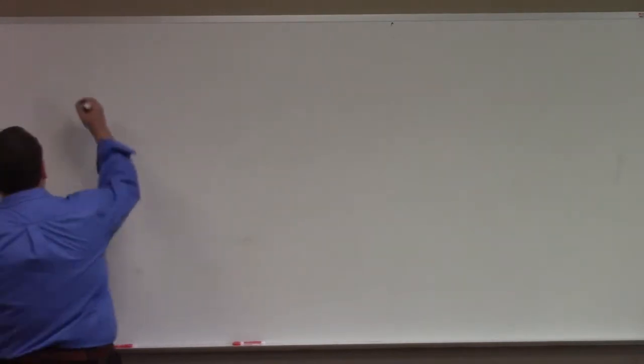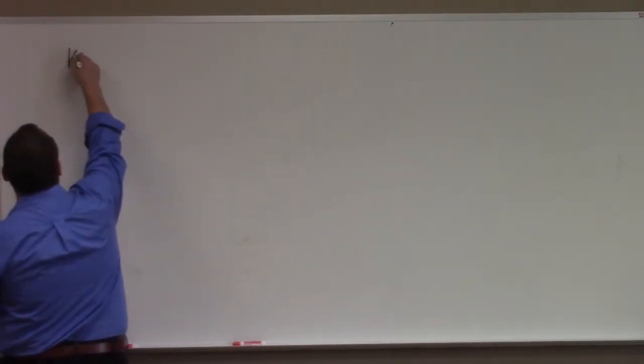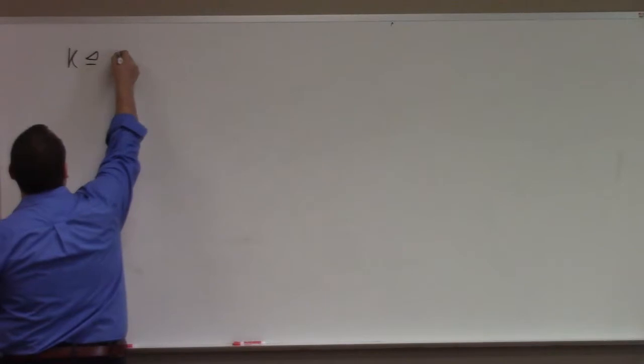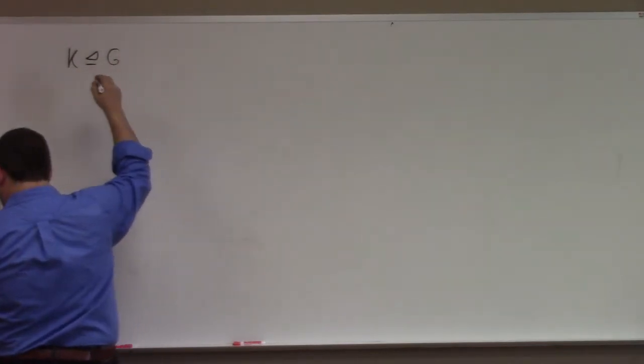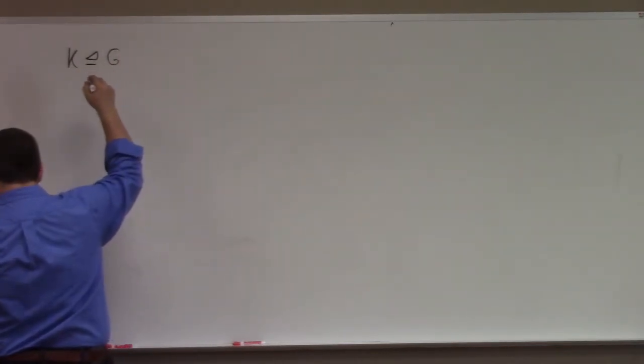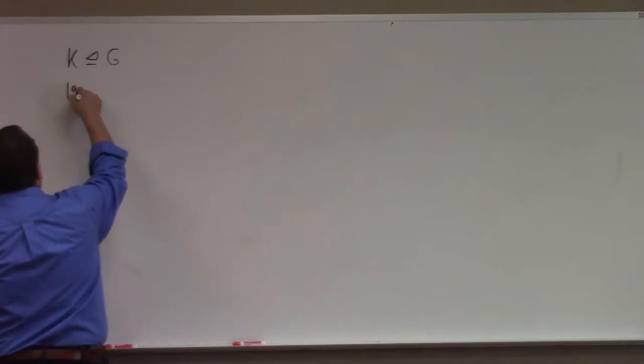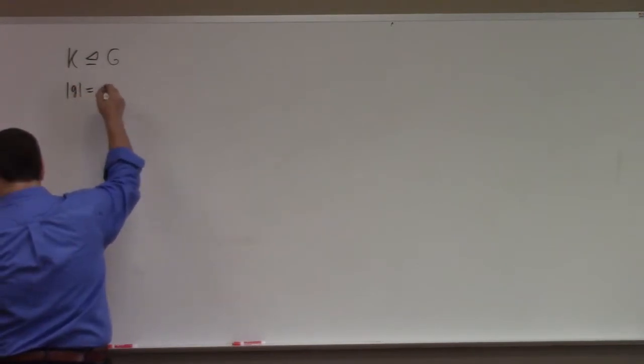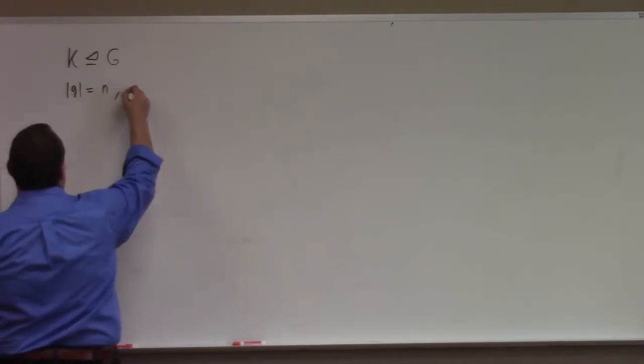Number 9. So we have K, a normal subgroup of G, right? And what else do we know? The order of little g is equal to n. g is in G. Well, good to know.